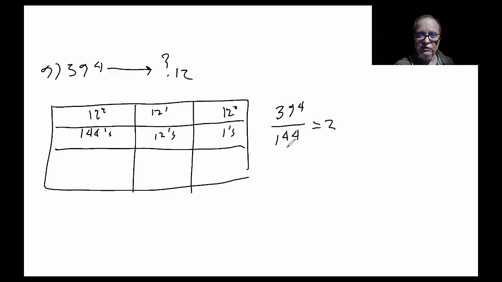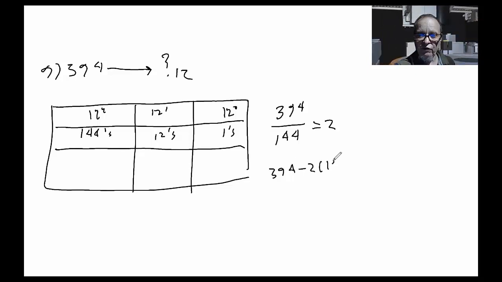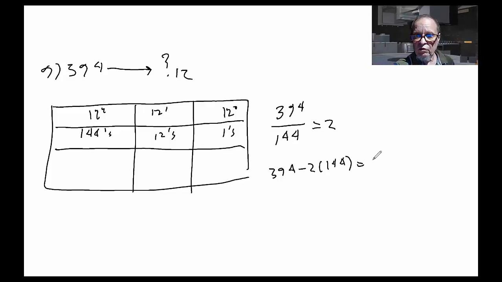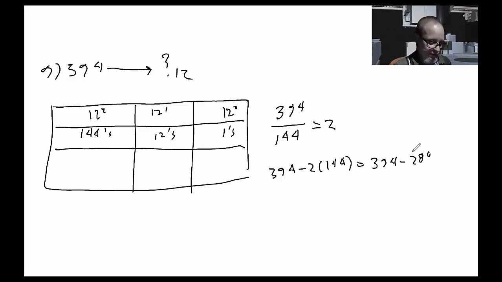And then we're going to subtract from 394 the 2 times 144, so that will give us 394 minus 288.